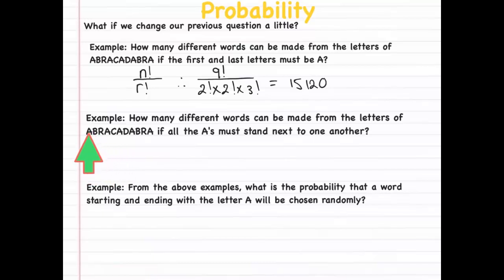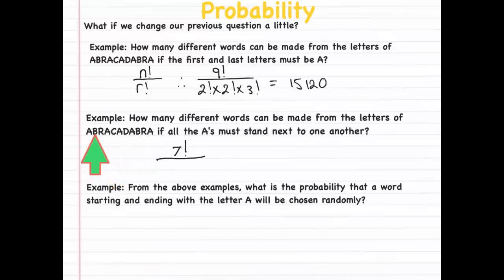Then we have 1, which is all the A's, 2, 3, 4, 5, 6, 7. Okay, so this will now be 7 different letters or groups that we are going to rearrange. So this will be 7 factorial divided by, now in that 7, how many things repeat itself? Remember, the A's won't repeat itself because they're all bunched together.